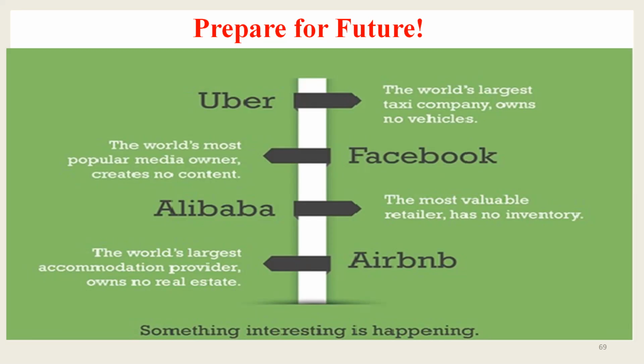B2B means Alibaba sells only to businesses, not to consumers, for example to different retailers like Walmart and other big companies. Alibaba is a Chinese company mostly focusing on B2B. That business model is also based on internet and mobile phone.